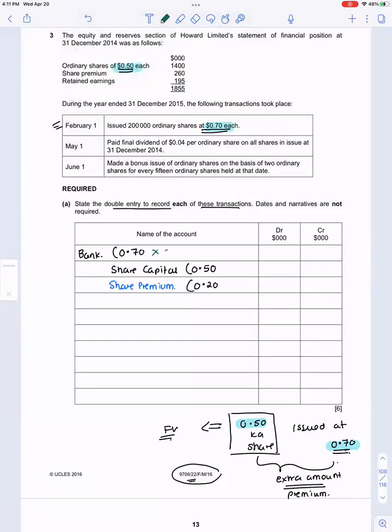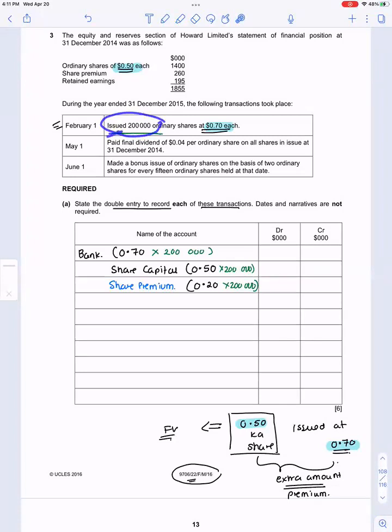Into 200,000 shares. Miss, but don't we find the number of shares first? Like 1,400 divided by 0.5. They have already given us, right?